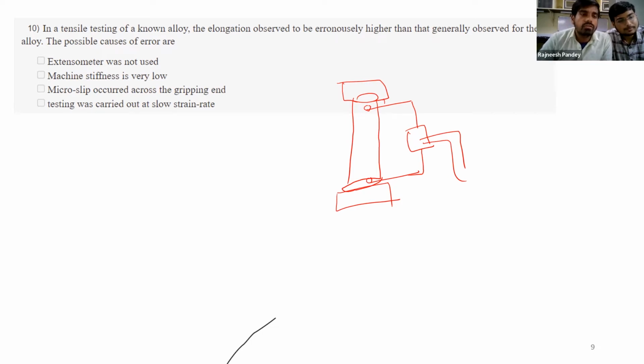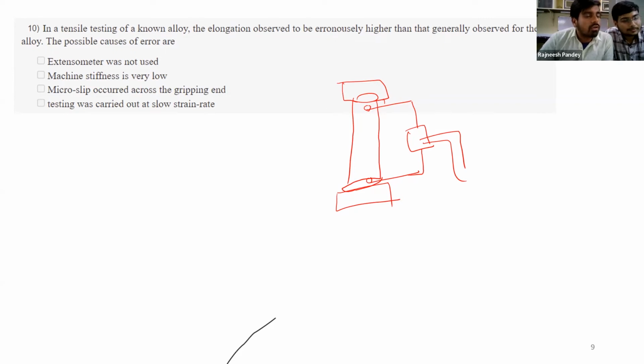It is not going to deform plastically, but at a certain level, in the elastic regime, it is going to deform. That's why stiffness also matters if an extensometer is not used, because the extensometer includes only the elongation in the gauge section. Now go to the third option, micro slip occurrence across the gripping end. Okay. So let us first discuss the options, then we will take this question.